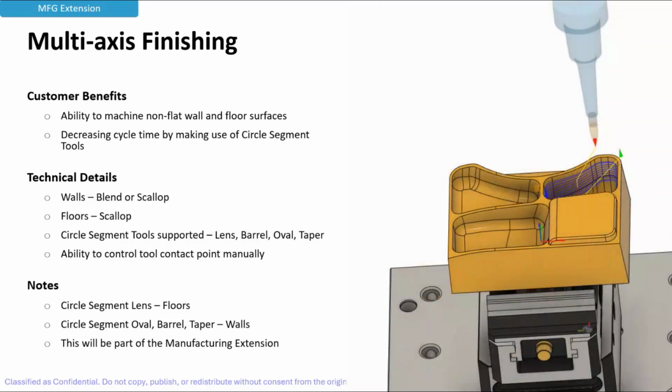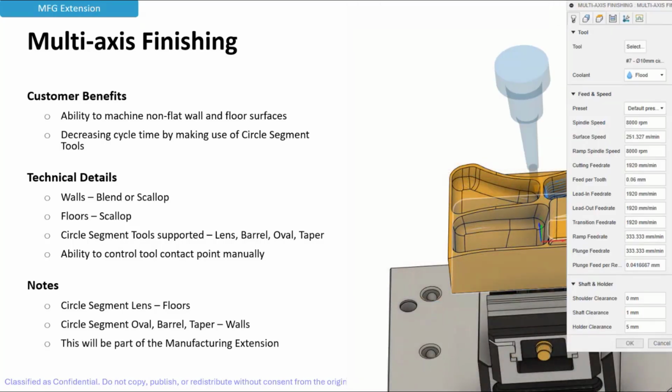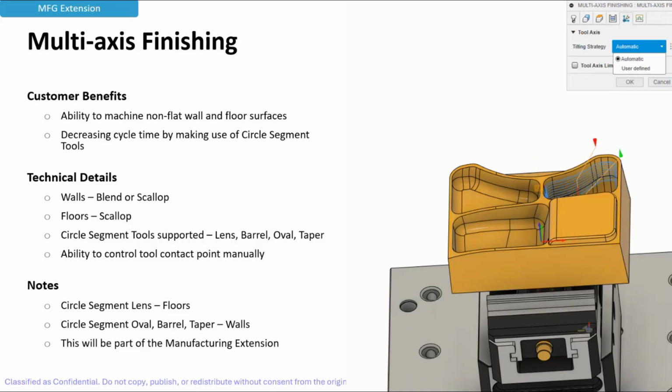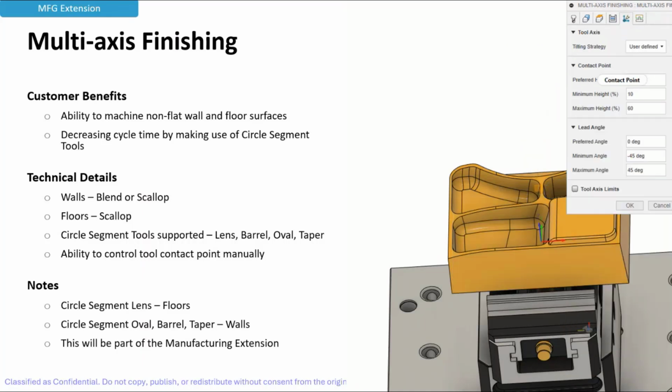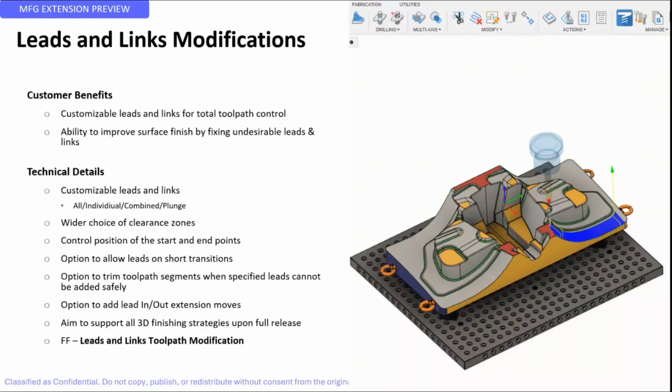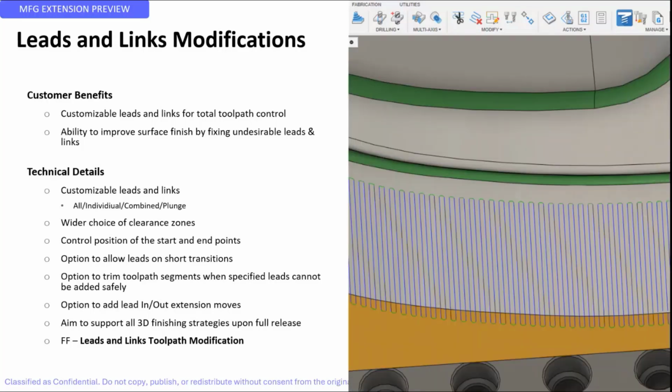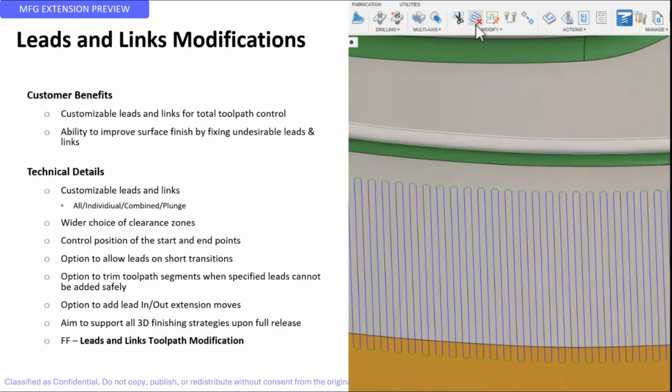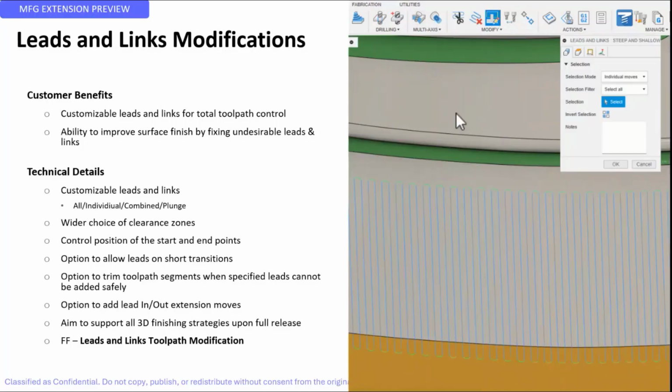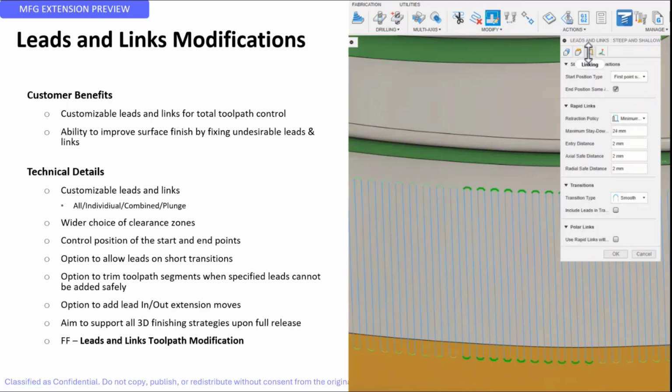Circle segment tool supported: lens, barrel, oval, taper, with the ability to control two contact points manually. Lead and links modification. Customizable lead and link for total toolpath control, with the ability to improve surface finish by fixing undesirable lead and links.